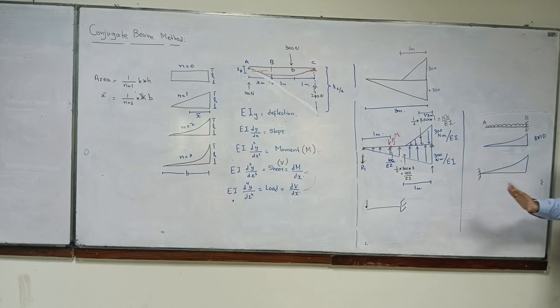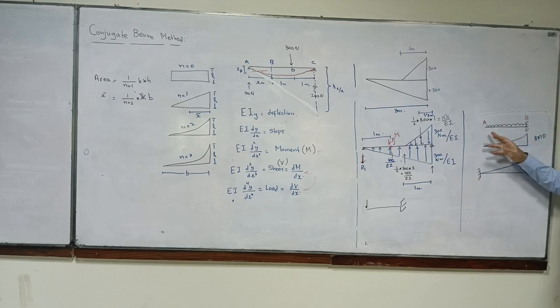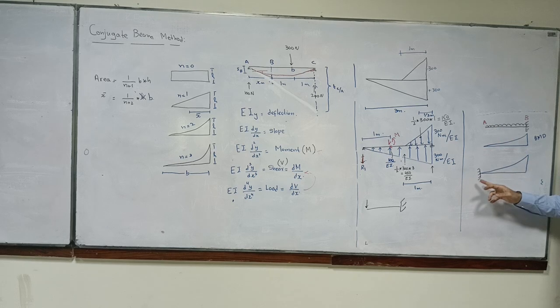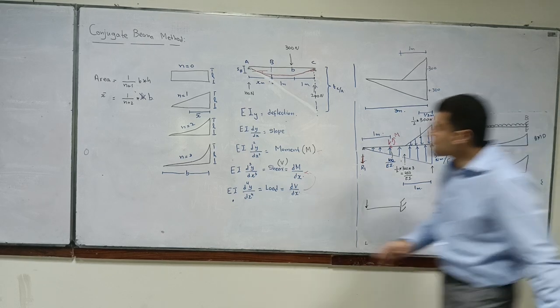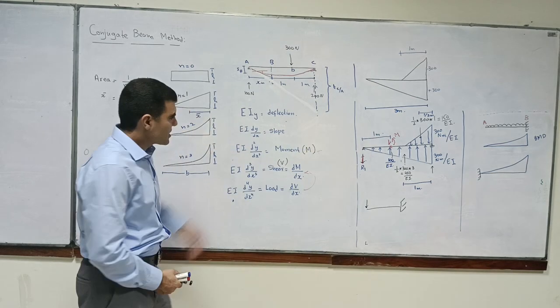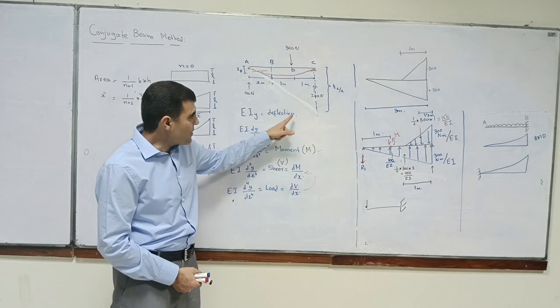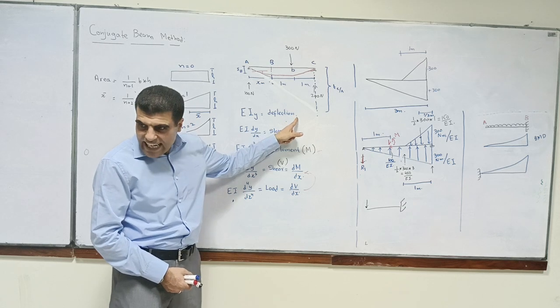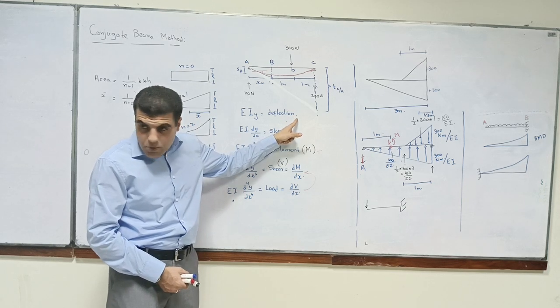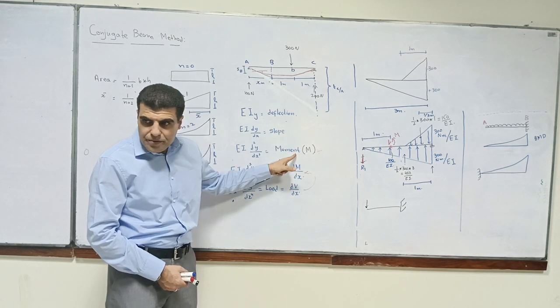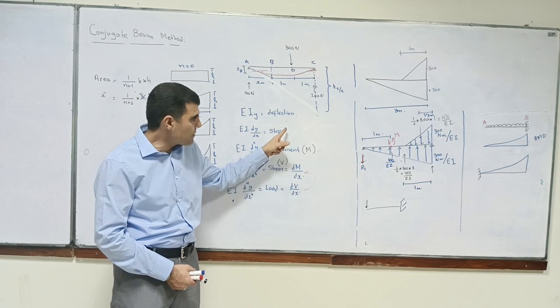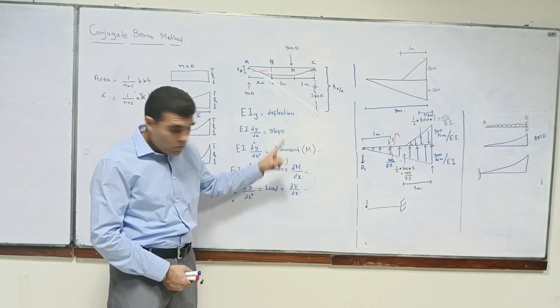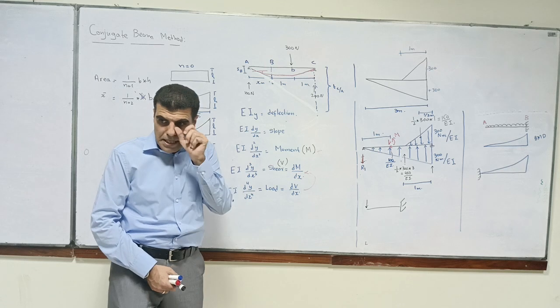So my point is that in the case of cantilever, you have to make free fix and fix free. The logic is: if you want a finite deflection at a point, you must have a finite moment. If you want a finite slope at a point, you must have a finite shear at that point.